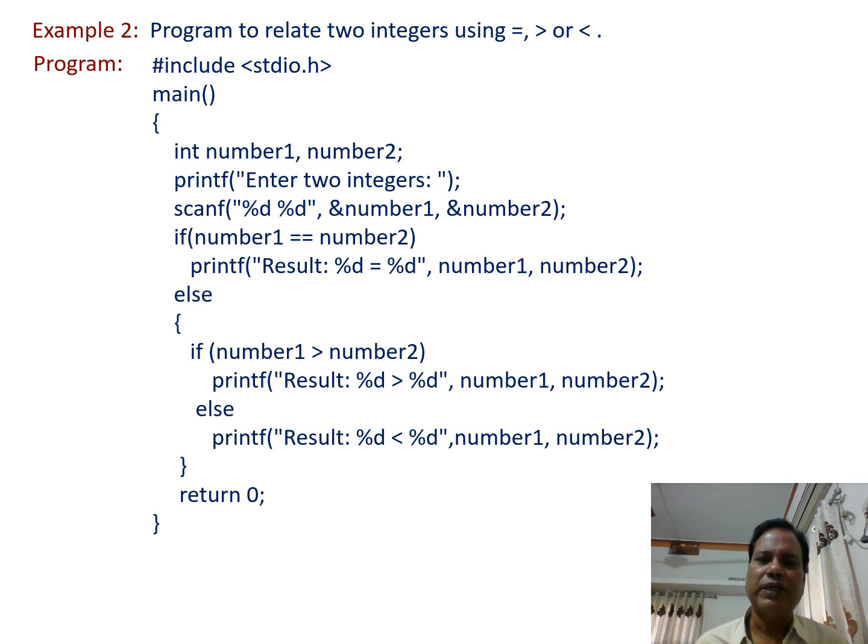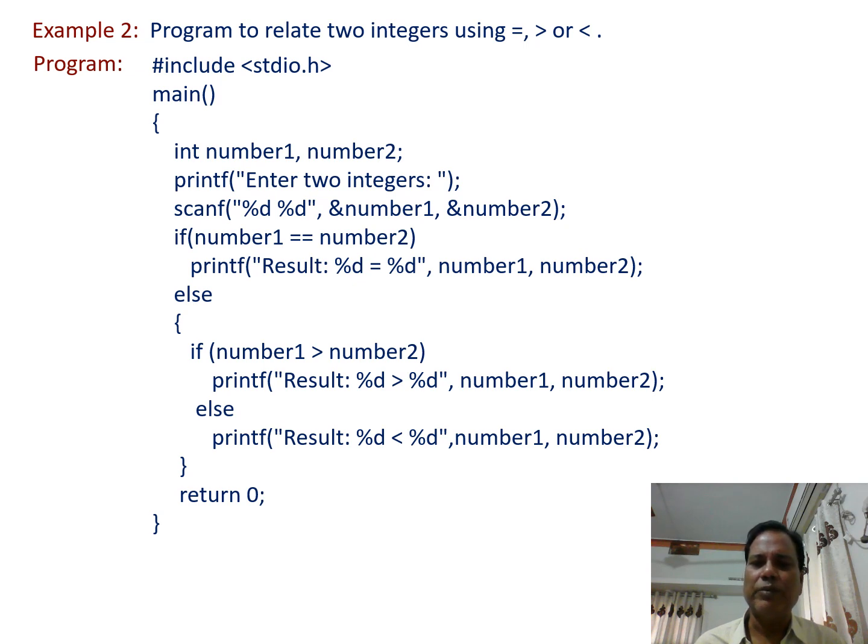If this condition is false, then in the else part another if else statement exists. In this, if number1 is greater than number2, so if the first number is greater than number2, we print the result %d.